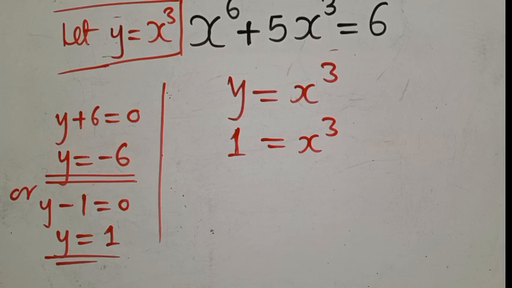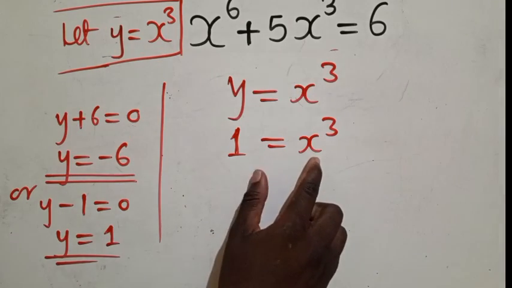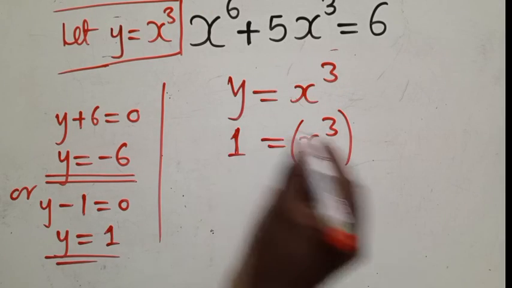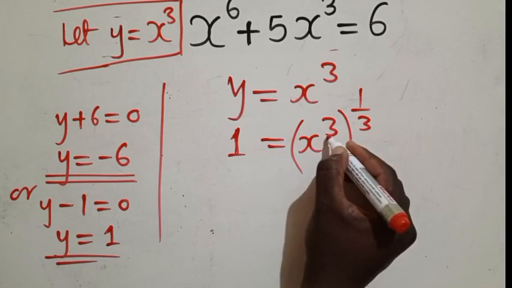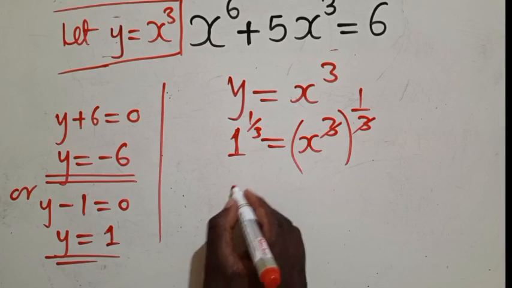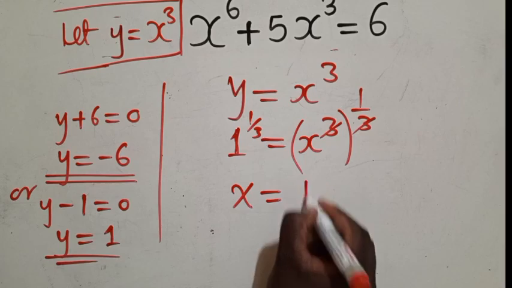So now we need to solve for x. How do we solve for x here? We're going to put the inverse of this power here on both sides. So this and this will go. We shall remain with x = 1.